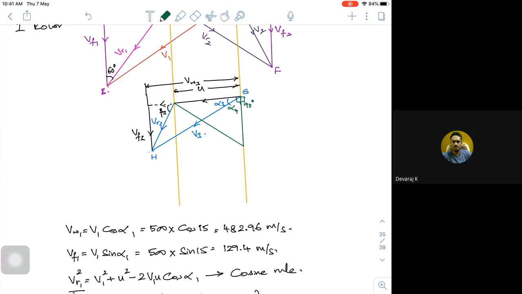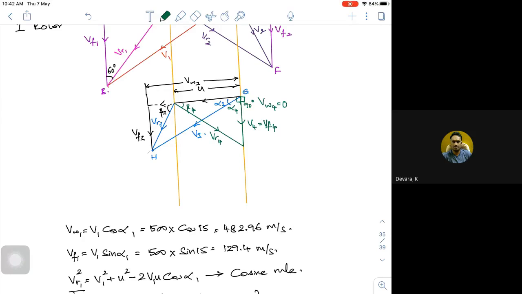So what is this actually? This is your V4, which is also equal to VF4. And what is the value of VW4? The value of VW4 is equal to 0, and this is my VR4, and this is my beta 4.